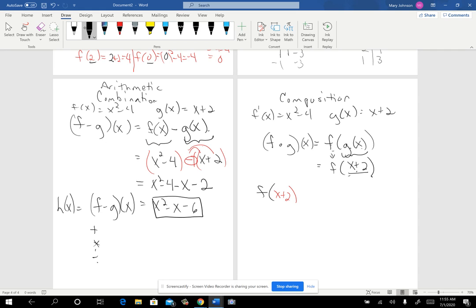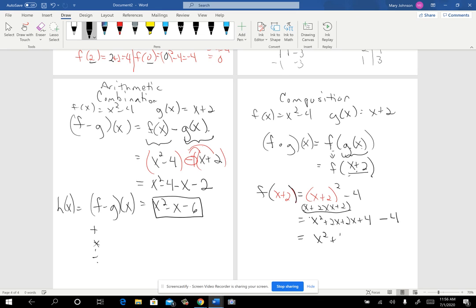So f of x plus 2, okay, should equal the x plus 2 squared minus 4. Okay, so that's going to be worked out so that we can get it simplified. So that's going to be x squared plus 2x plus another 2x plus 4. That's just that part. And then I have to do the minus 4.